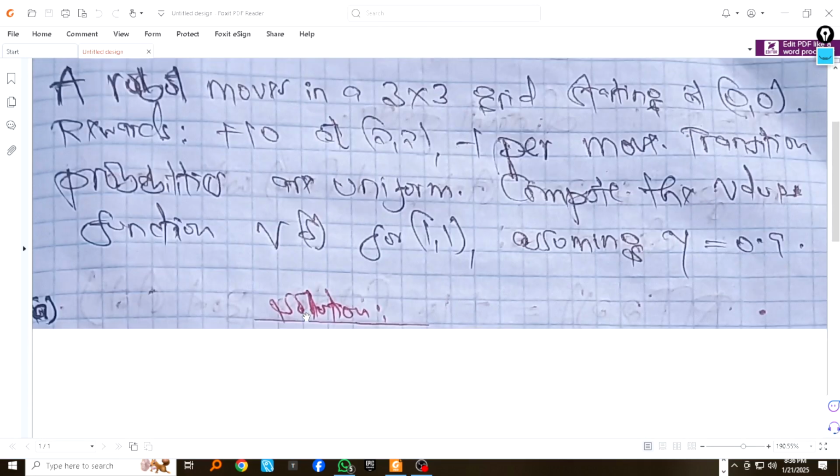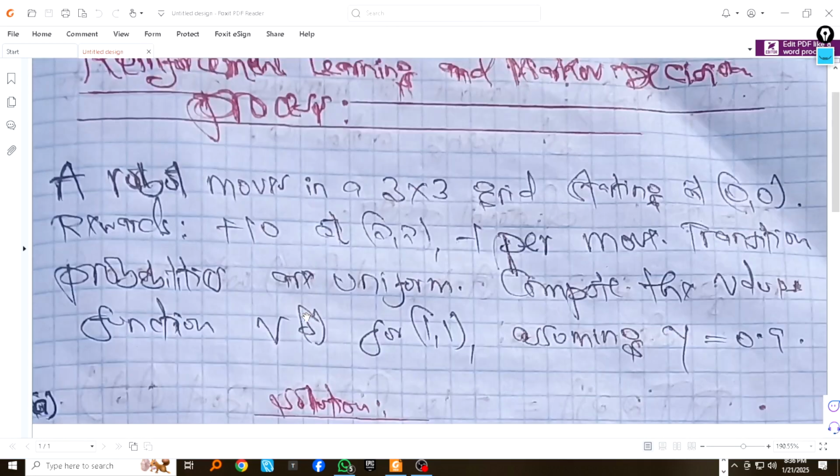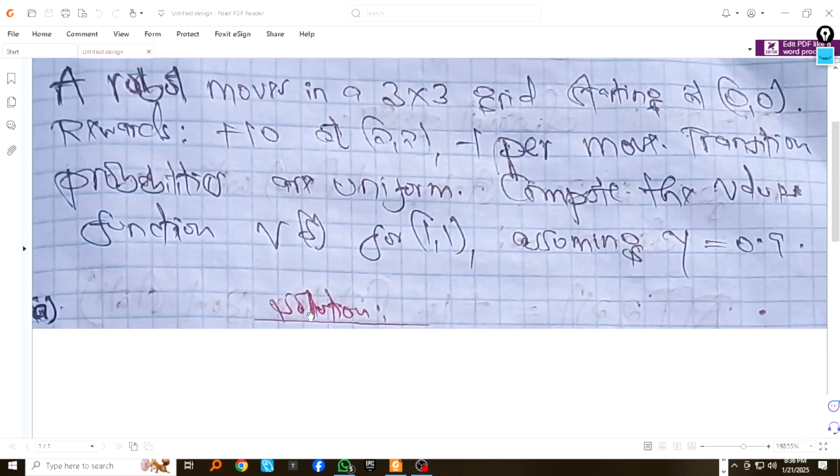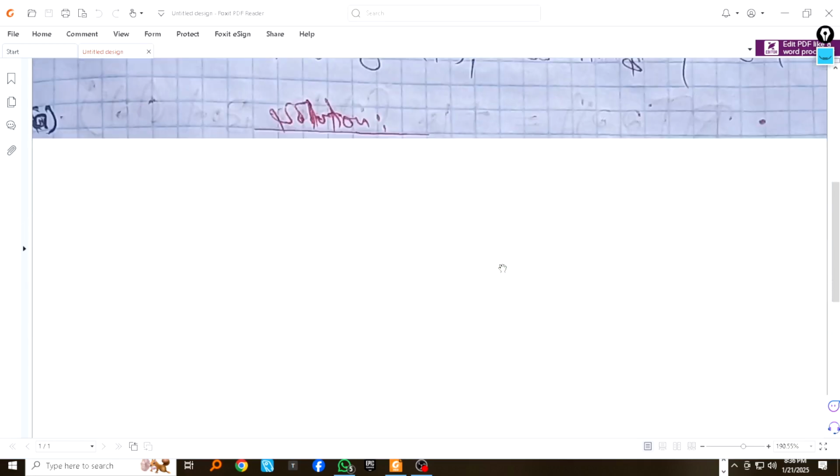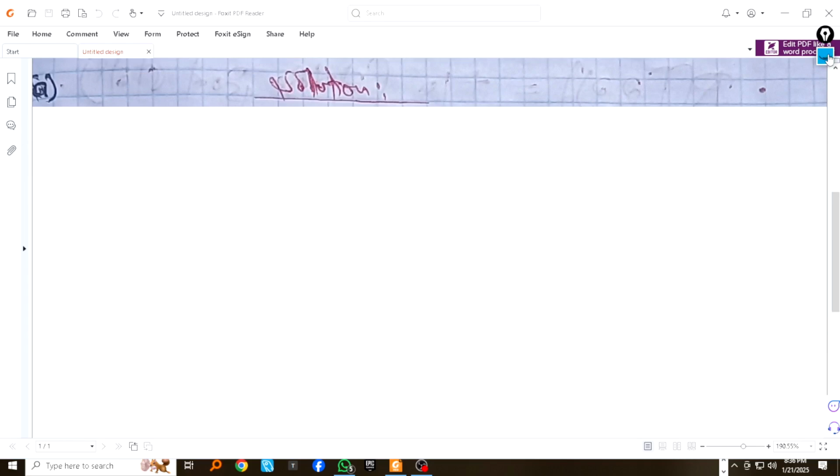Now, the significance of a discounting factor is that it gives more emphasis to the current action than to the future action. Let's see very quickly what the grid would look like, so that even as we set out to look at the solution, we already have an idea of what we are dealing with.